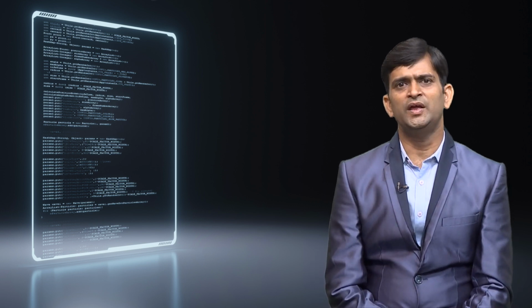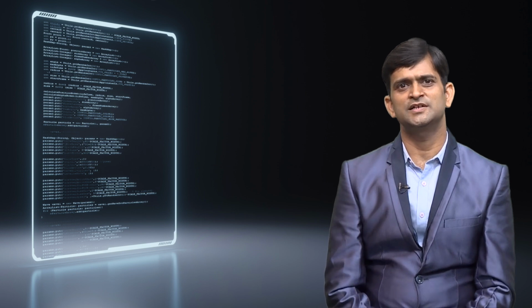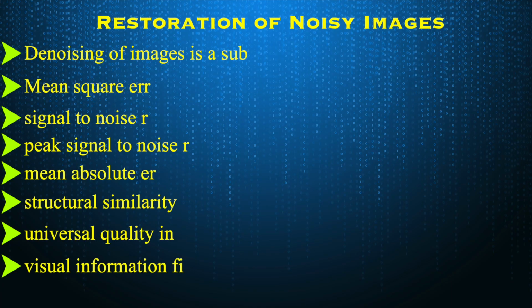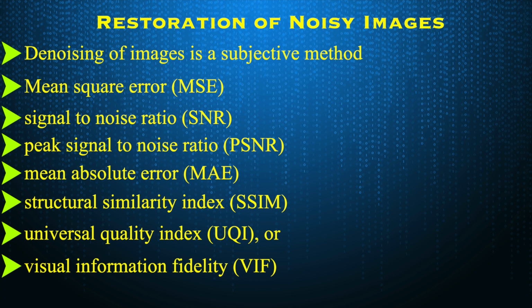One common way to measure the quality of denoising is the mean square error, which is the average of squared differences between the denoised image and the noise-free image. The lower the MSE, the better the denoising. However, this method requires a noise-free image as a reference, which may not be available in some cases.